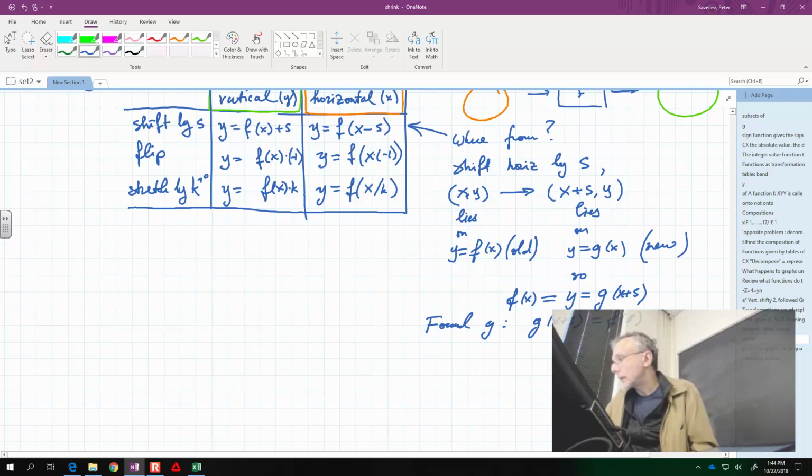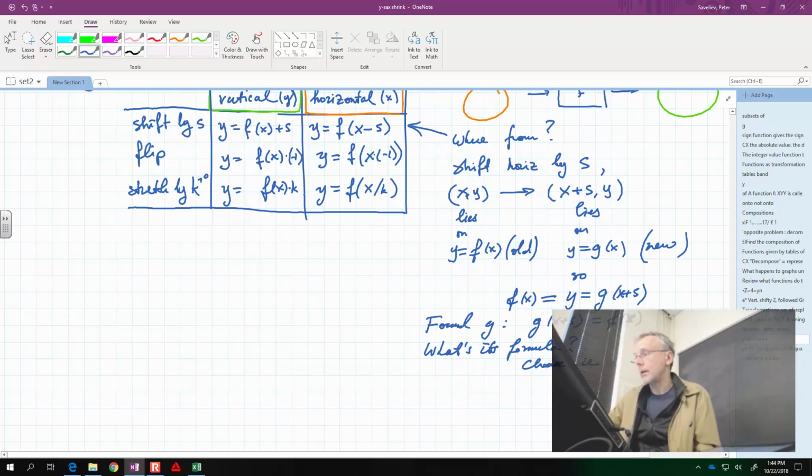So it's f of x over here. How do I do it? What's its formula? The answer is here. I choose u as another name for the new variable. We have created a new variable x plus s from the old variable x, and with respect to that variable, f is a function.